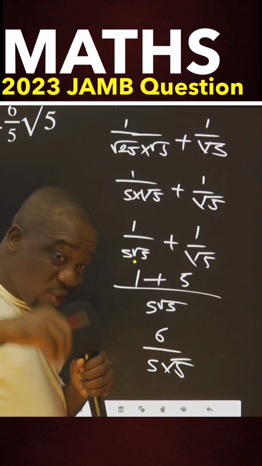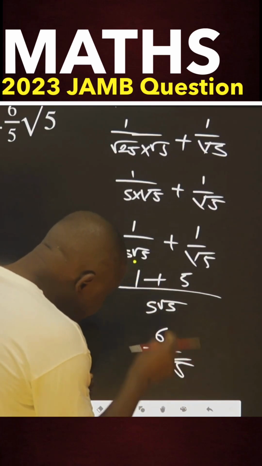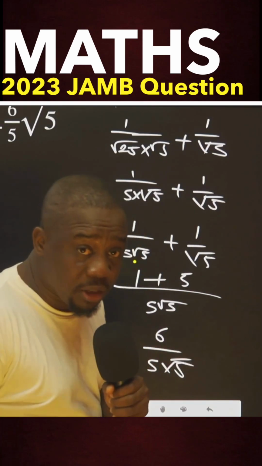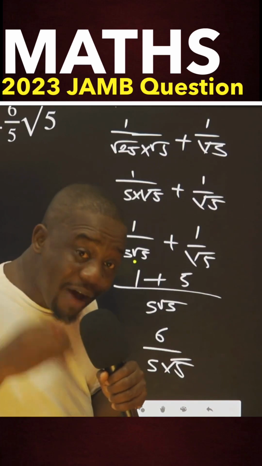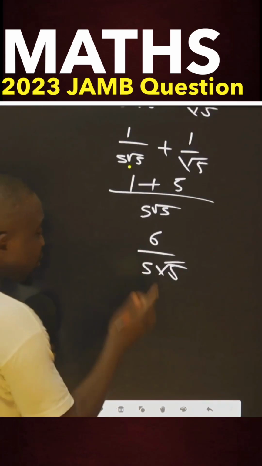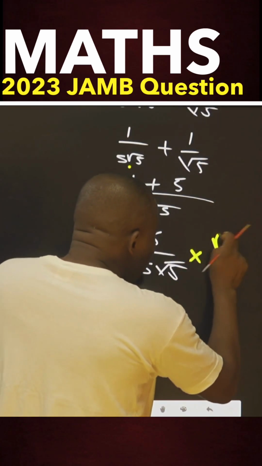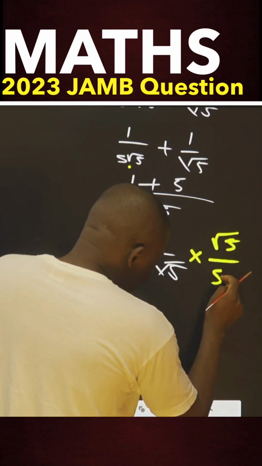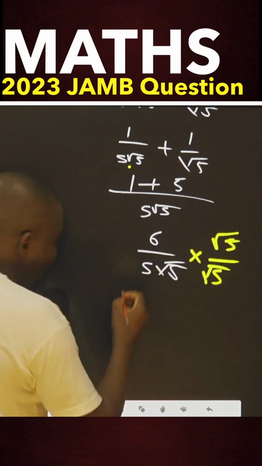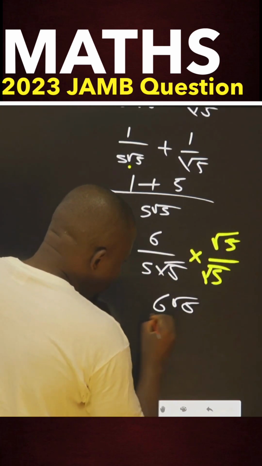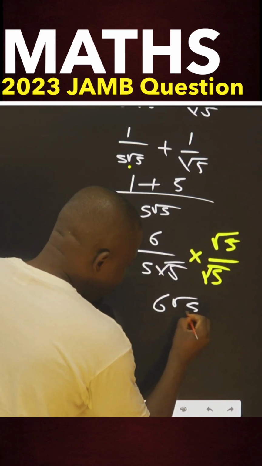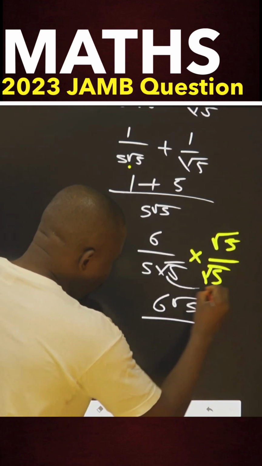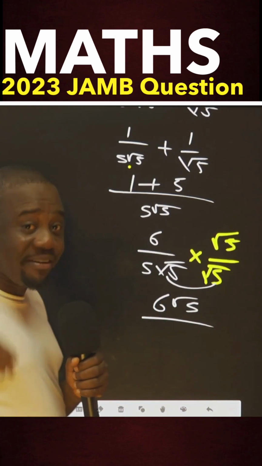Remember when I was teaching you solve in this channel, I told you you cannot leave a square root at the bottom, that is at the denominator. You have to rationalize. How do you rationalize? By multiplying by the square root of 5. Because this is the square root of 5, we also multiply here by the square root of 5. With this now, we can have 6 square root of 5 over, these two we multiply to have 5.